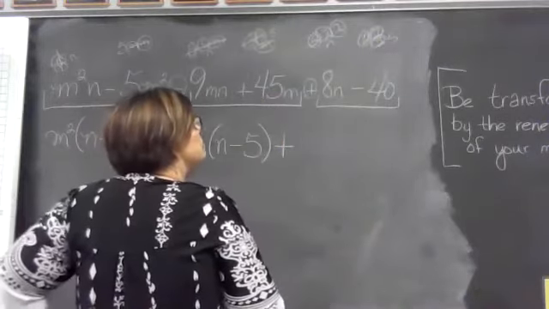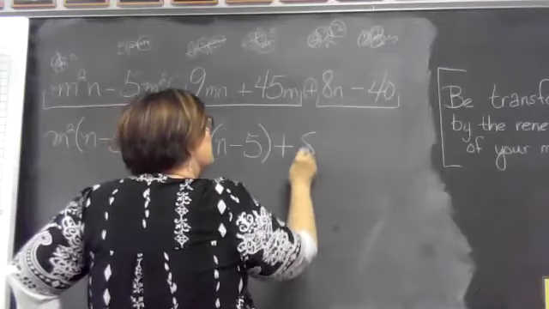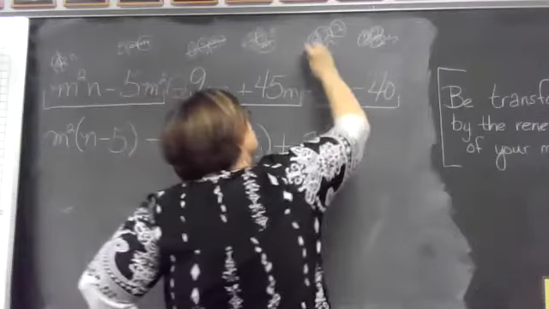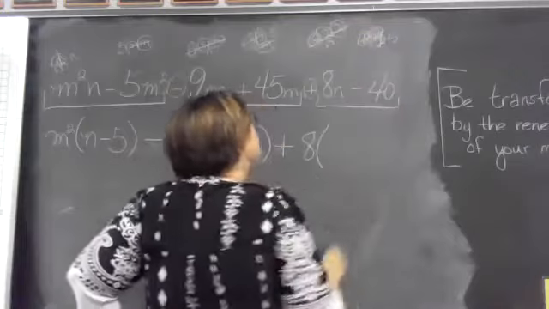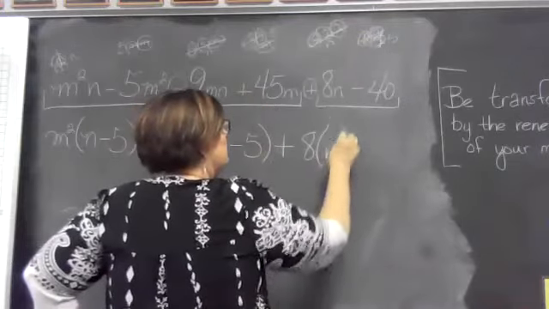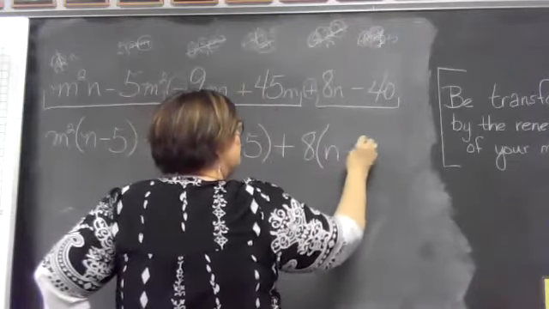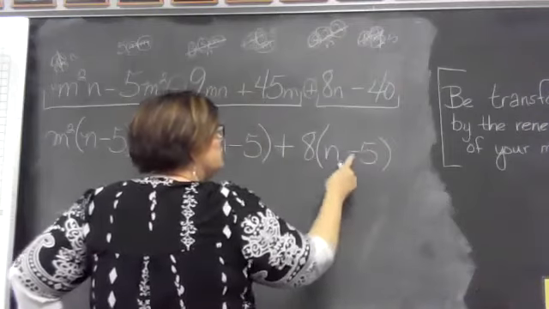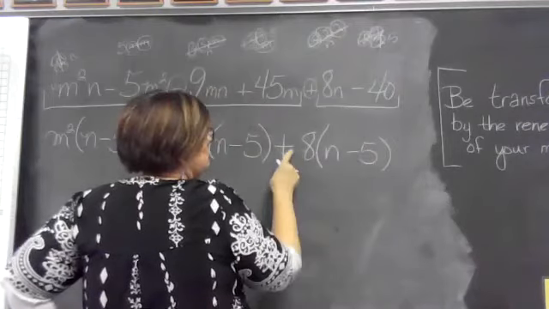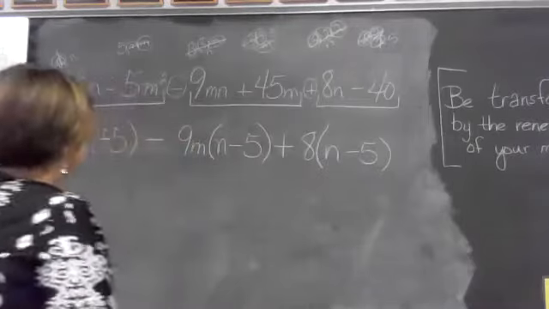So 2 times 2 times 2 is 8. When I divide those out, I have an N minus 5. Now we didn't change this sign because it follows a plus, and that's fine.